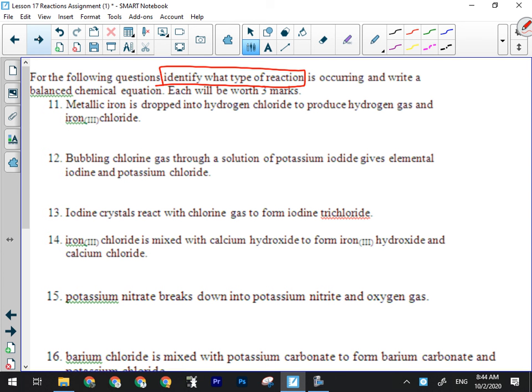Then you are going to write a balanced chemical equation. So again, 3 marks each. You're going to get 1 for the reaction type, 1 for the reaction, and 1 for it being balanced correctly. This is one of those ones where the swaps and drops are crucial to get right.